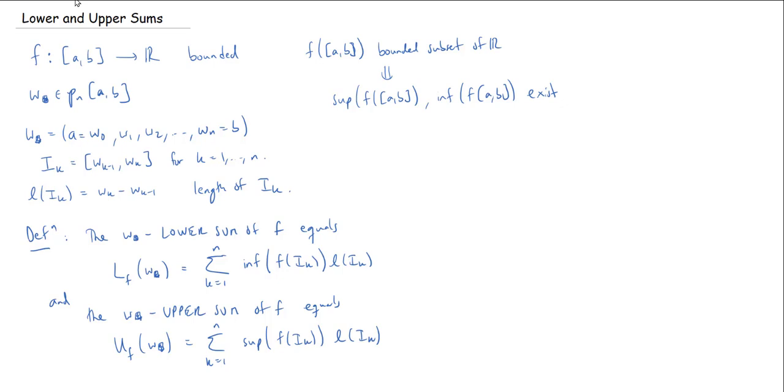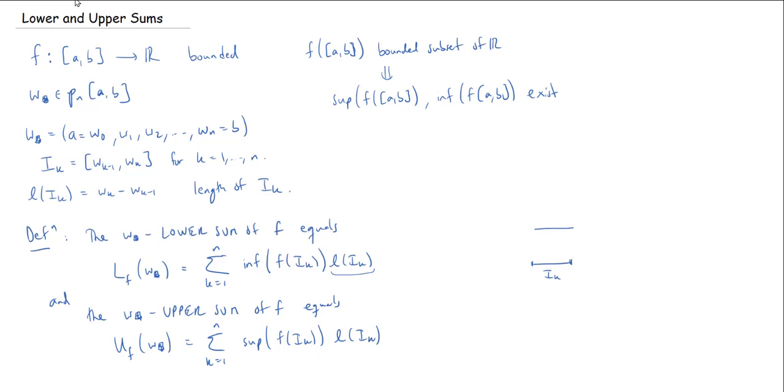So in your mind, you should be thinking of adding up rectangles. This length here, there's my I_k. I'm just multiplying by the length of the interval. And then that's my base. So what's my height? Well, my height is the smallest value, or the infimum of the values of f.